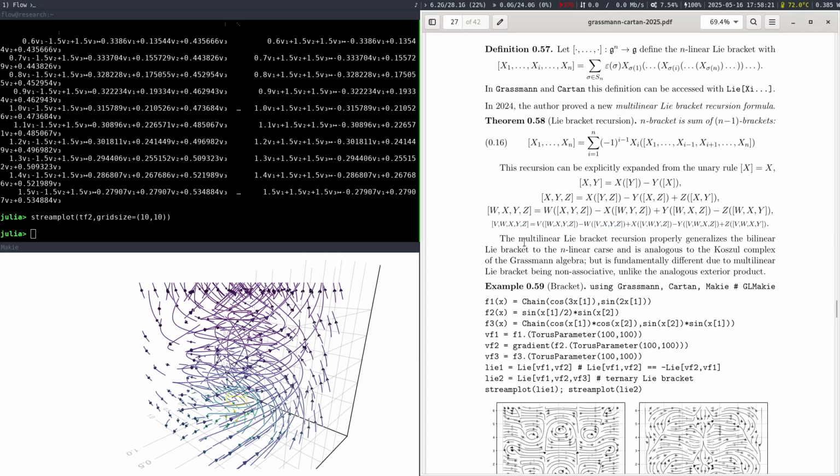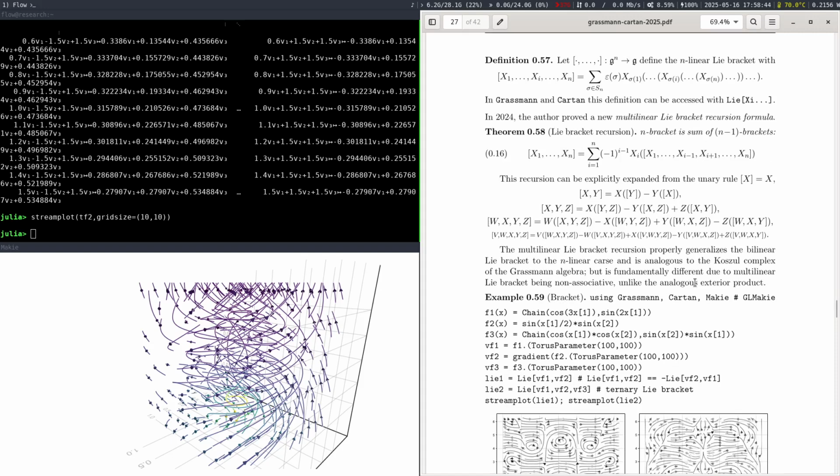The multilinear Lie bracket recursion properly generalizes the bilinear Lie bracket to the n-linear case, and is analogous to the Koszul complex of the Grassmann algebra, but is fundamentally different due to the multilinear Lie bracket being non-associative, unlike the analogous exterior product.